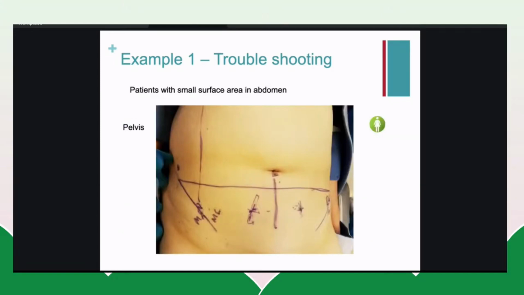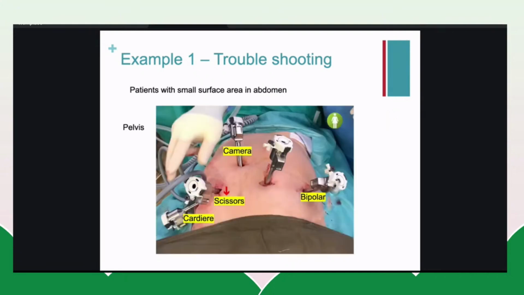So this is the lower abdomen. Obviously this patient is a bit big, but the principle is the same. Just imagine if the costal angle is very acute here, then we may not be able to put a port in the upper abdomen. So what we can consider is to place the ports in the lower abdomen. So this one is the diagram.